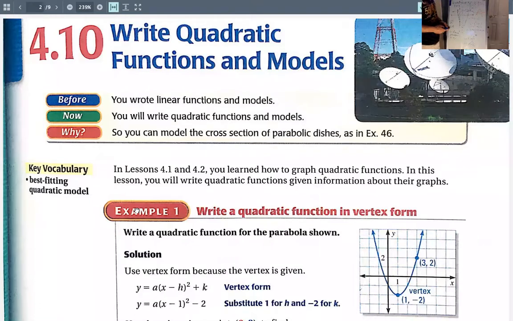They're giving you the vertex and a point. So with the vertex and a point, you can get the equation for the parabola. Although, when we started this chapter, we said that 3 points determine a parabola. But I'm wondering if you have specific points, like a vertex, if you only need 2. I don't know.